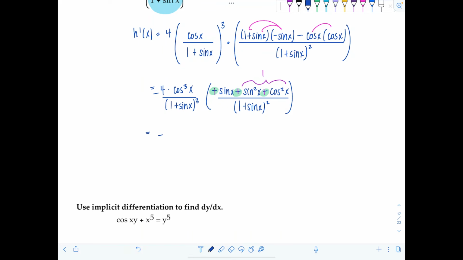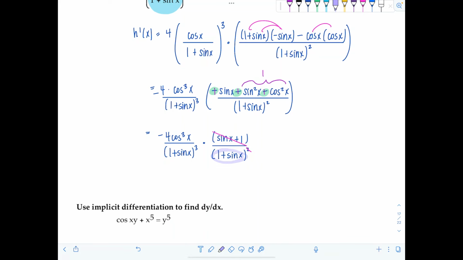So now we have negative 4 cosine cubed x over 1 plus sine of x cubed times, look at this, this is sine of x plus 1 over 1 plus sine of x, which is the same quantity, squared. So we can just cancel one factor of sine of x plus 1.